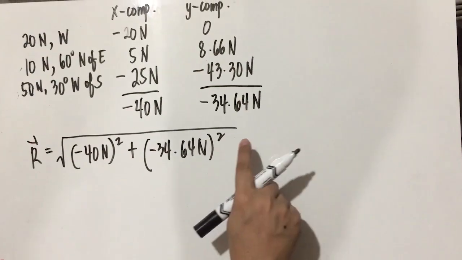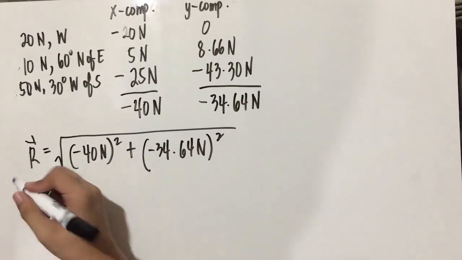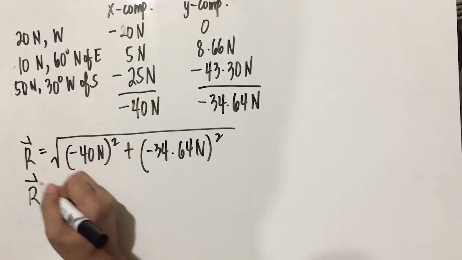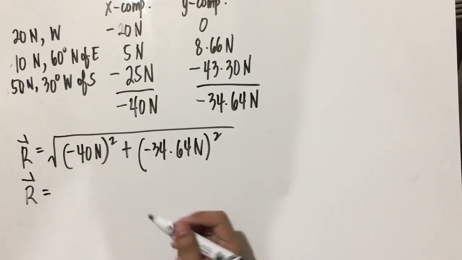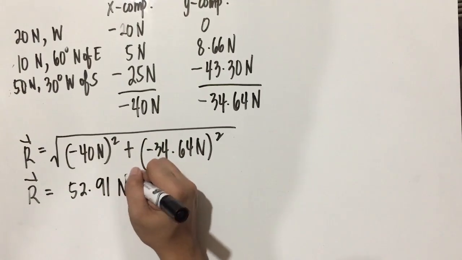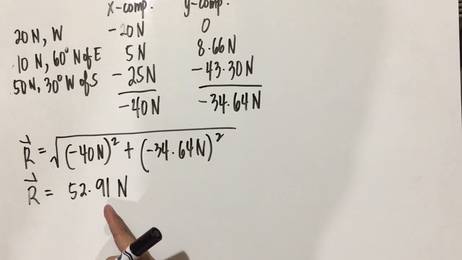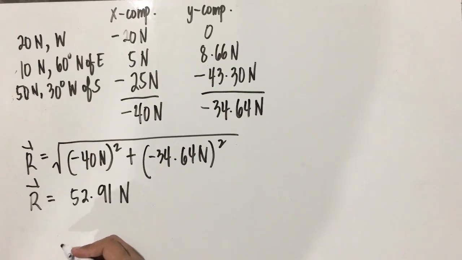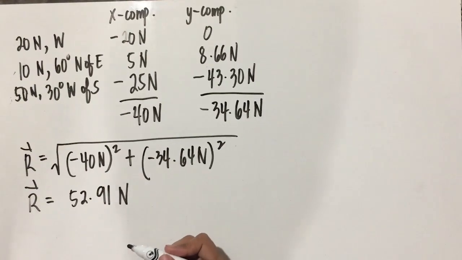You know how we do that in terms of the mathematical procedure. So the resultant vector in terms of magnitude is 52.91 newtons. That is the magnitude of the resultant vector for this given.